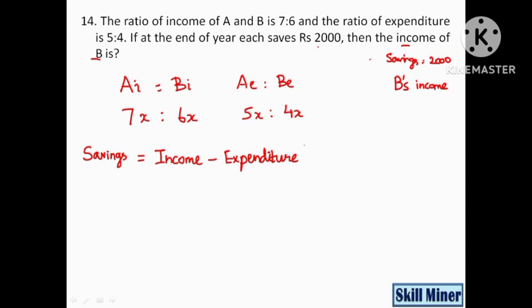Always income should be higher than expenditure, so that only we are able to save the amount. If we are earning 5000 rupees and our expenditure is 3000 rupees, then our savings will be rupees 2000. This is the concept.